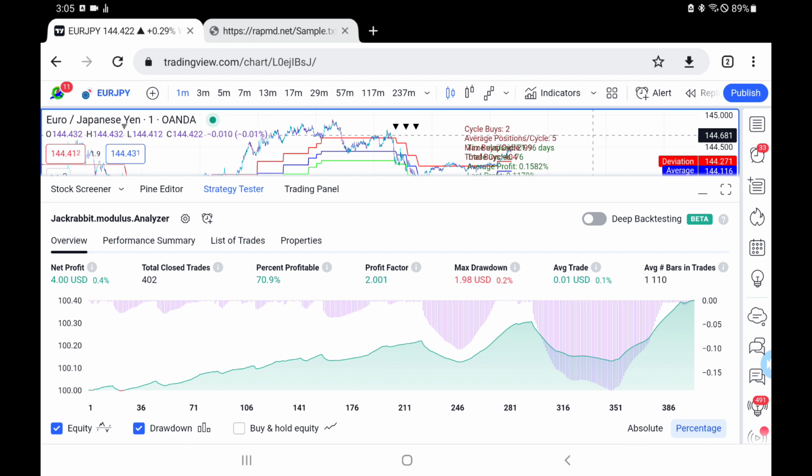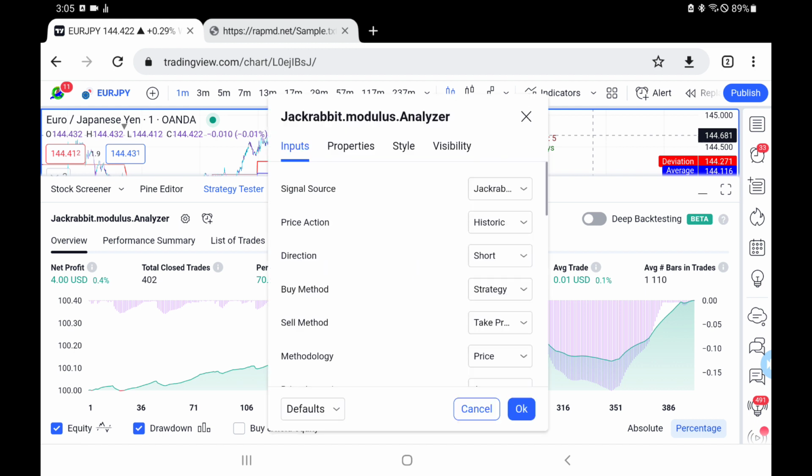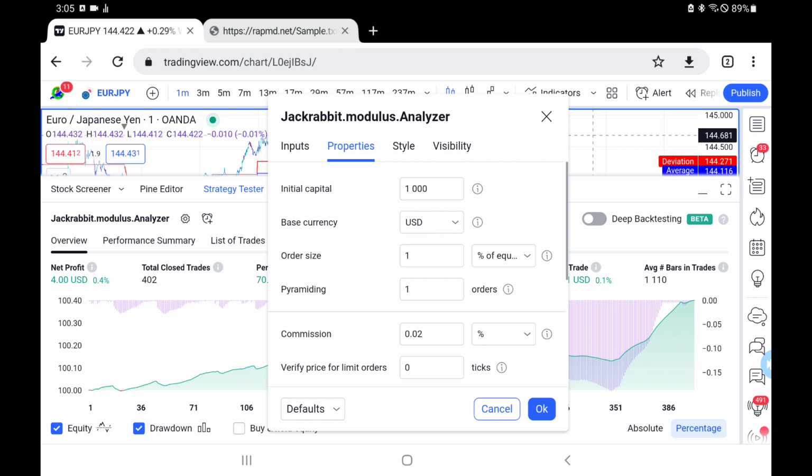Think about your balance. Think about your budget. All of that takes place with accumulation. And in this particular case, we are using 1% of our equity. And the commission is going to be roughly 2 pips on average. Now you can change that appropriate to your own personal situation.